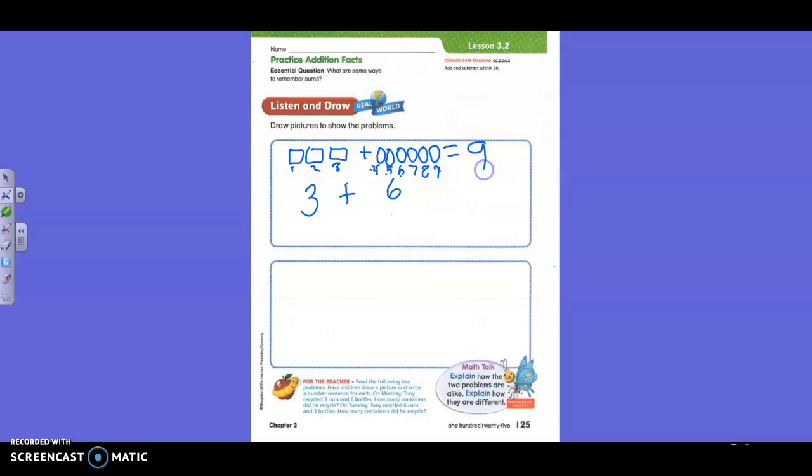That's 9 things, boys and girls. Okay? He recycled 9 containers. 3 of them were cans, 6 of them were bottles, but that's what he recycled. Does that make sense? 3 plus 6 equals 9. Okay?